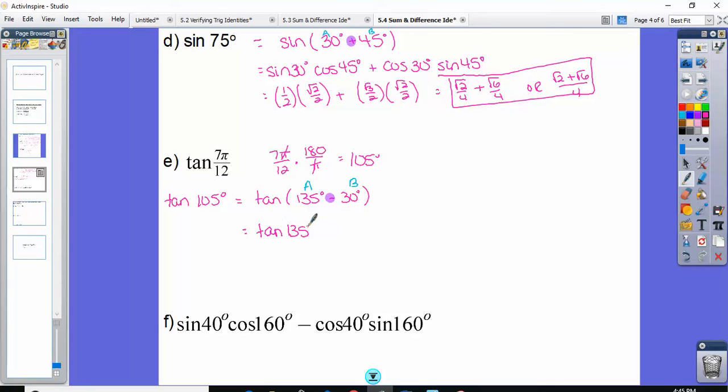So that formula says tangent of the first minus tangent of the second over 1 plus tangent of the first, tangent of the second. Okay, 135, that's quadrant 2. Reference angle 180 minus 135 is 45.